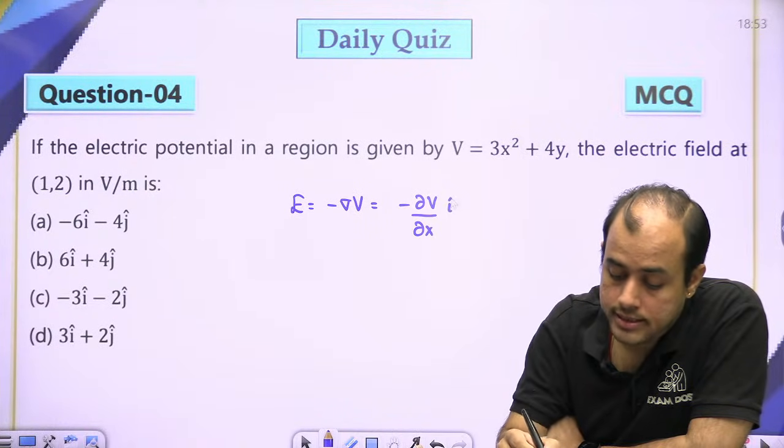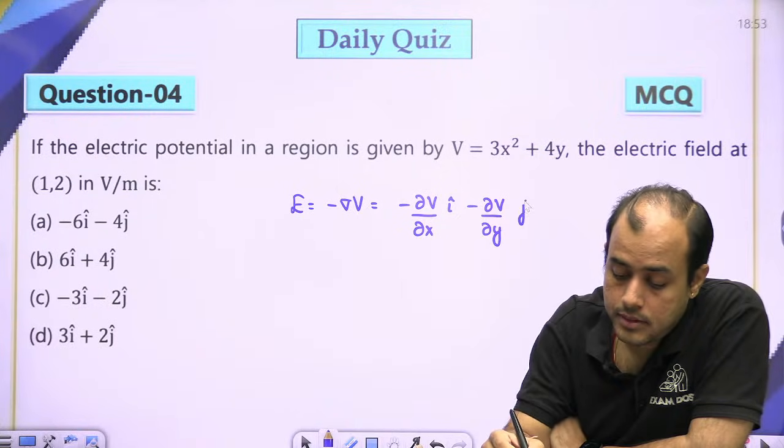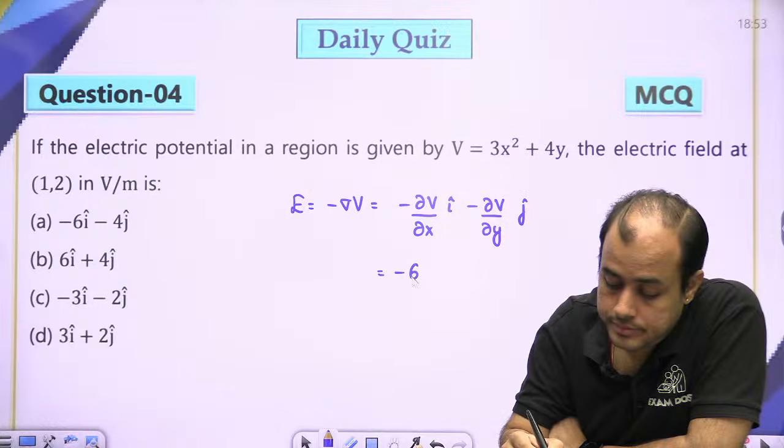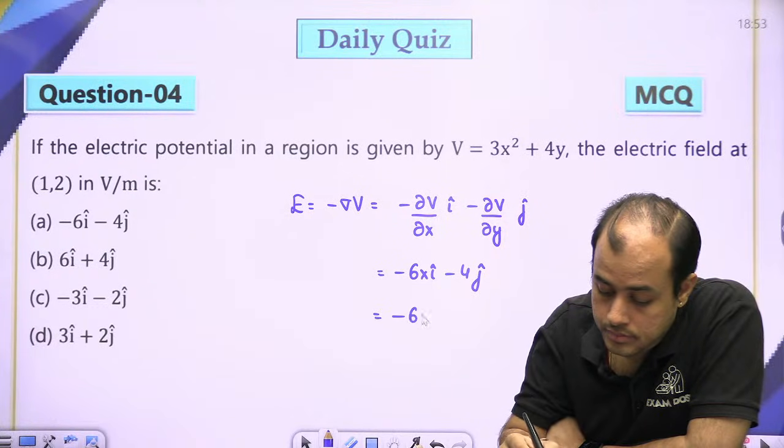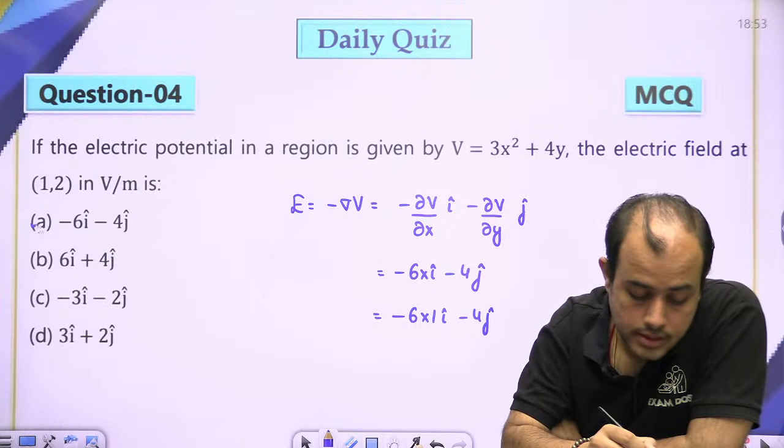Now potential is just given as a function of x and y. Answer is A.